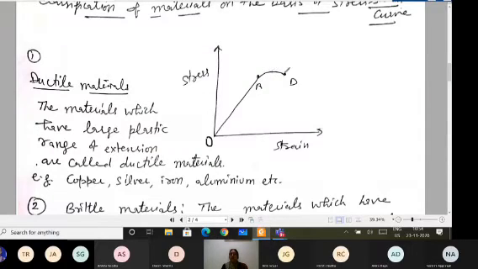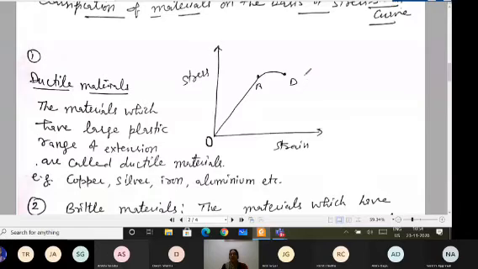But the plastic region, if it is large, it means from C to D, or you can say A to D length of the wire, how much you can do the extension, or you can say the plastic region is large, then the materials can be transformed into thin wires, which are known as ductile materials. It means you can make the wires of those materials like copper, silver, aluminum.